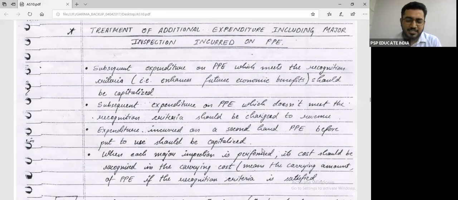If he or she suggests capital expenditure, then his fees will also be capitalized to the carrying amount of the PPE. If he suggests revenue expenditure, then that will be treated as a revenue expenditure to be charged to the profit and loss account.